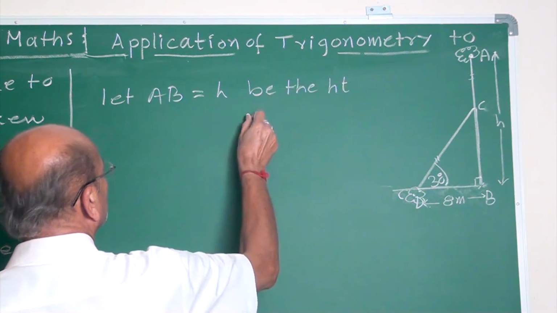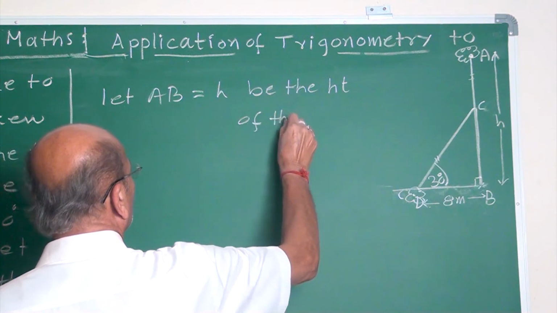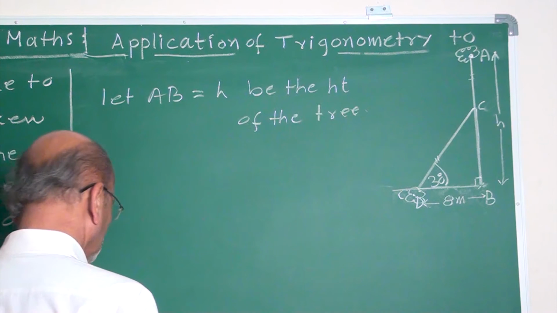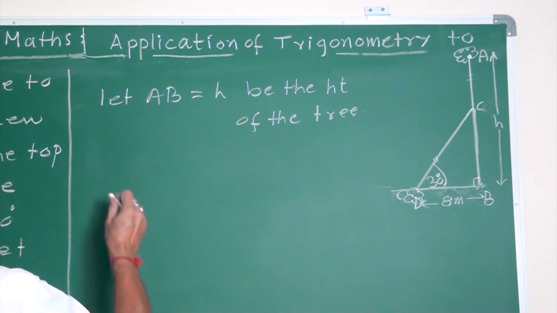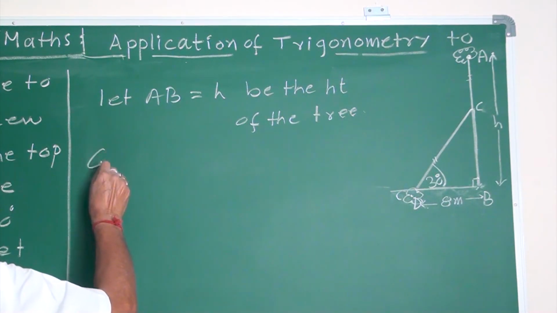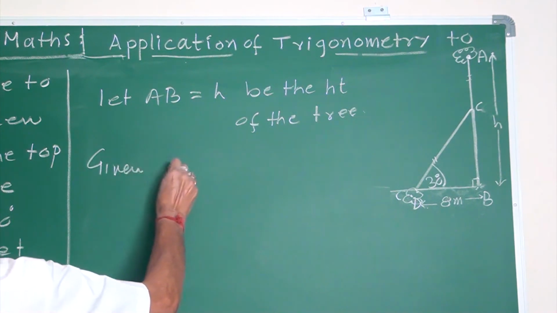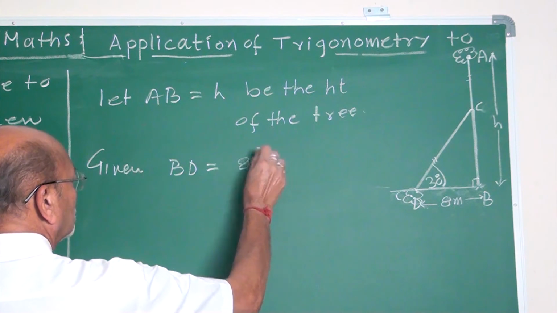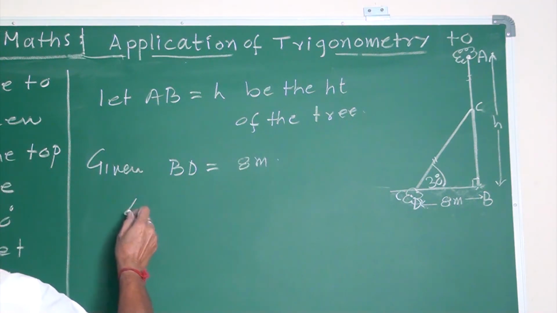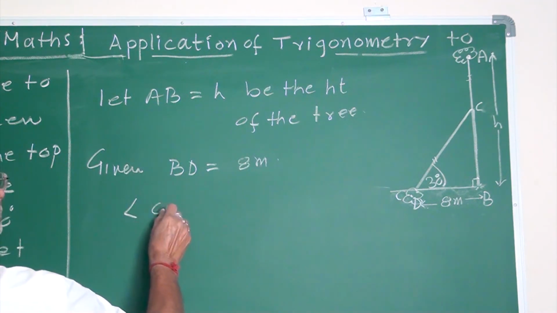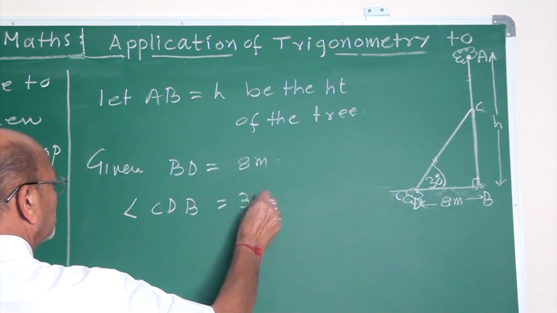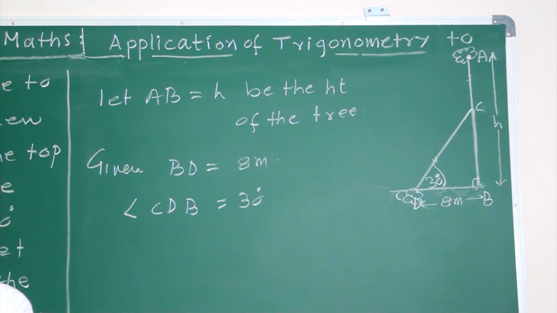Given BD is 8 meters and the angle of elevation, that is angle CDB, is given as 30 degrees, the angle of elevation.